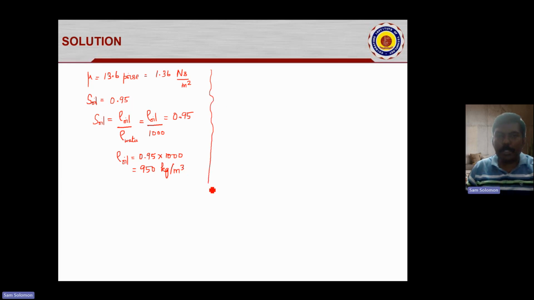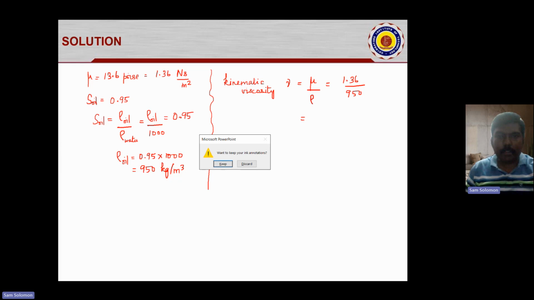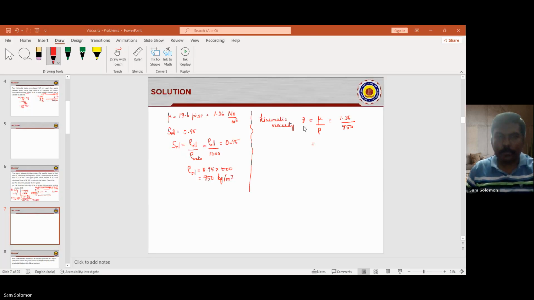So now the definition, the kinematic viscosity, which is represented by nu. So that is going to be equal to mu divided by rho. So that is 1.36 divided by 950. So let's use the calculator again.